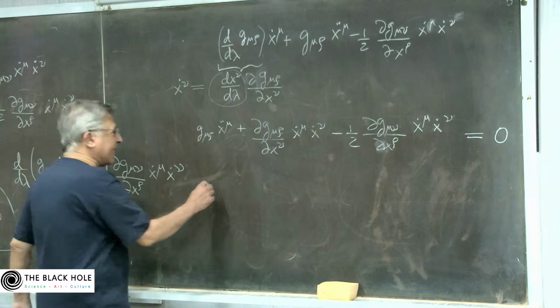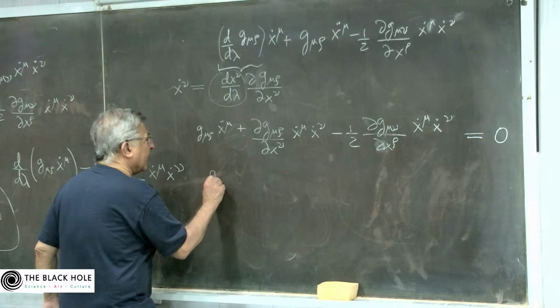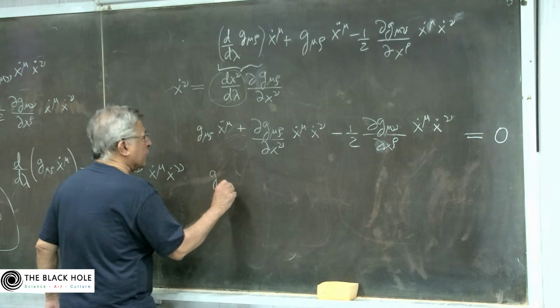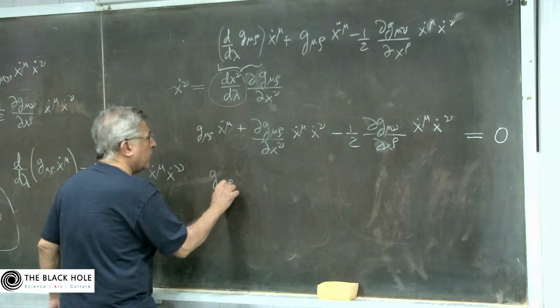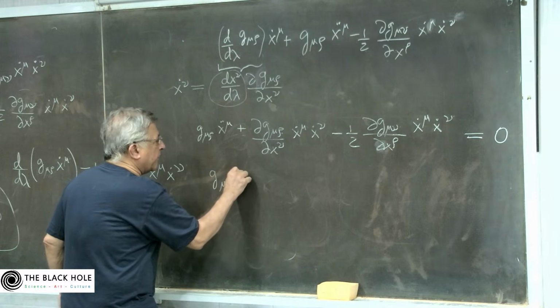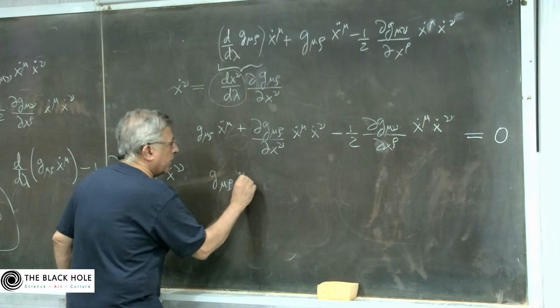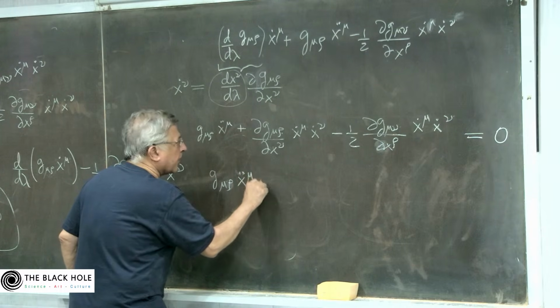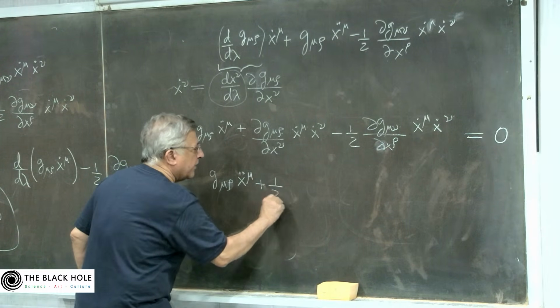So I can actually break this in the following way. g mu rho x double dot mu plus half.